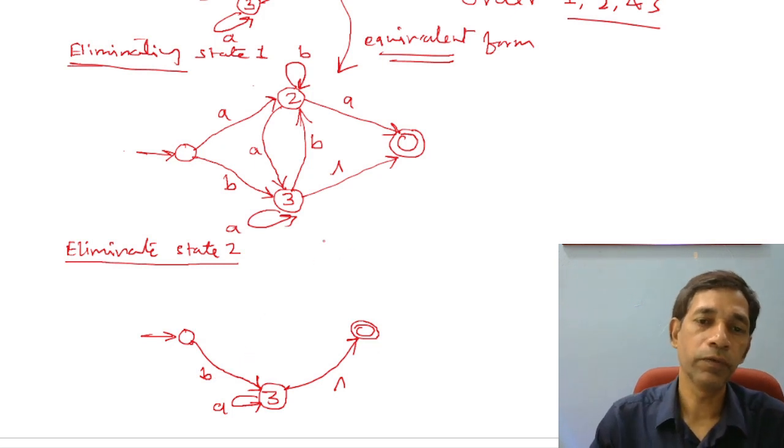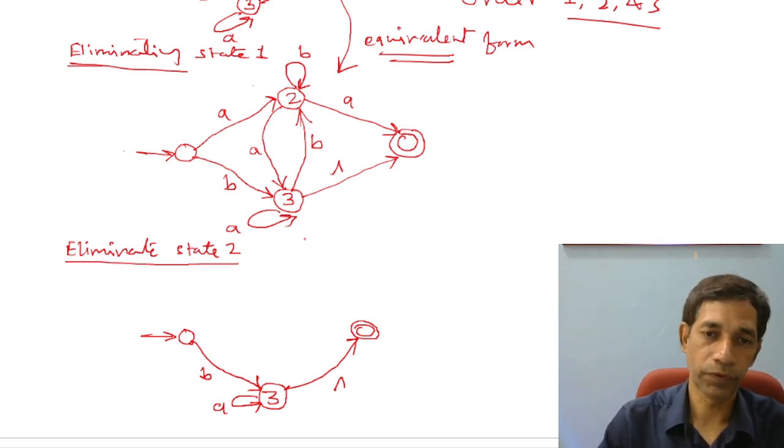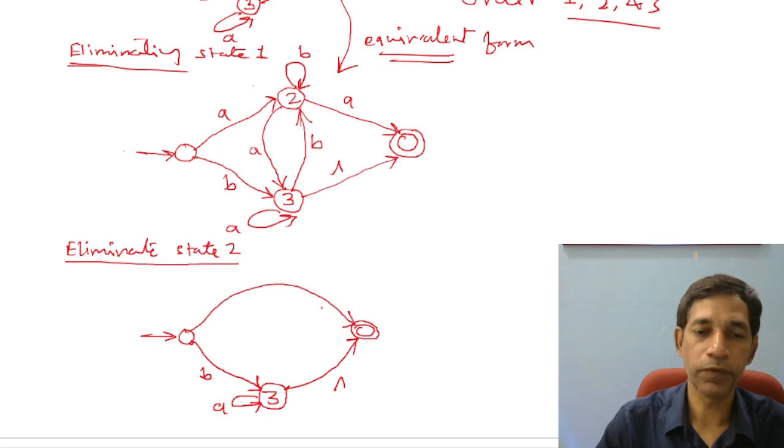Now we are going to bypass the state 2. Once you bypass the state 2, from the initial state you are going to the state 2, then in the state 2 you have the loop, then the outgoing edge goes to the final state. Means we have the direct path from the initial state to the final state.